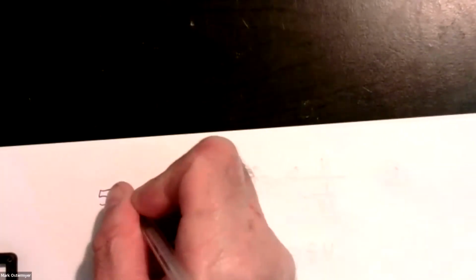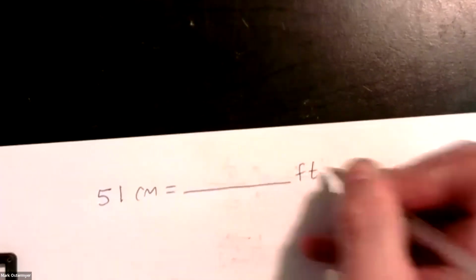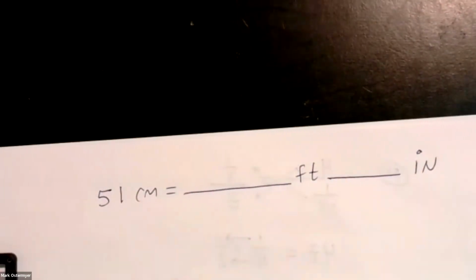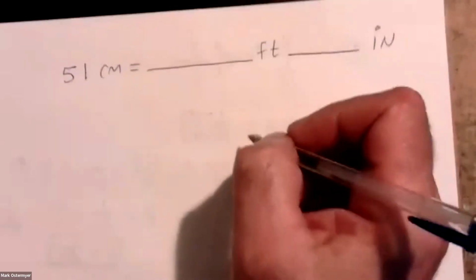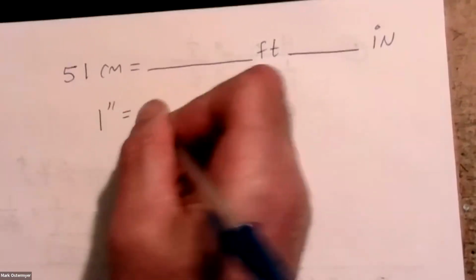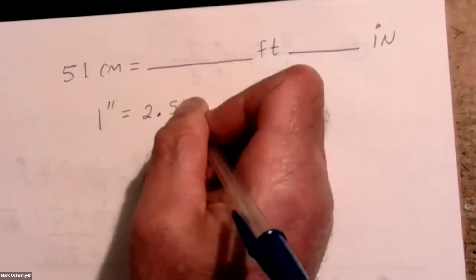So we have 51 centimeters. We want to convert into so many feet and so many inches. There we go. Now, 1 inch is equal to 2.54 centimeters.